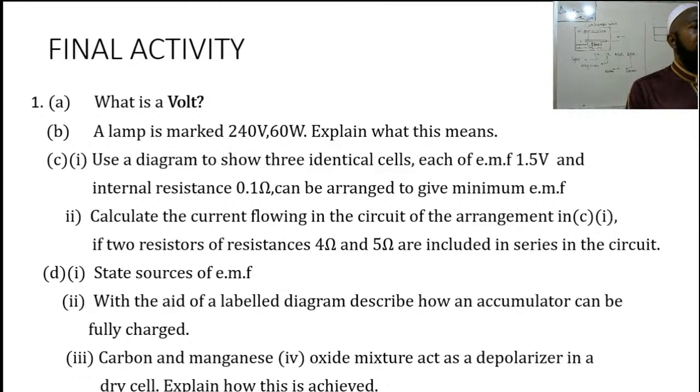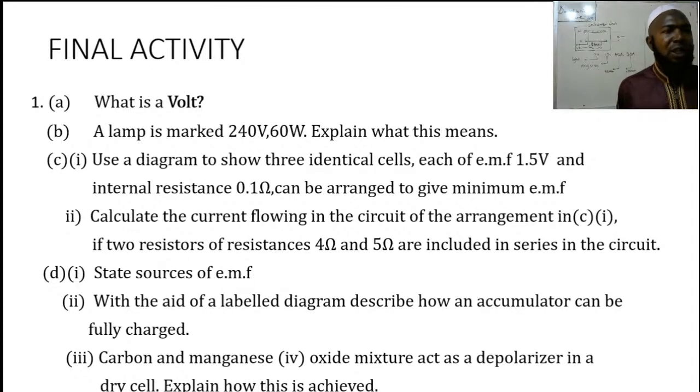Then question 2, we have sketch current versus PD variation for a metal wire. For a metal wire, just means an ohmic conductor. And then a semiconductor diode. Then part B, figure shows a cell of negligible internal resistance connected to a system of resistance.